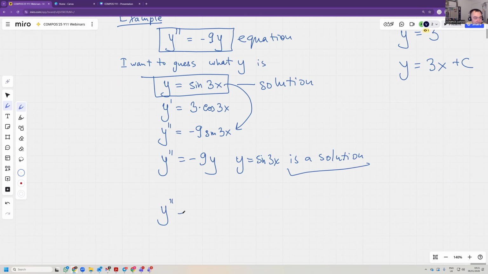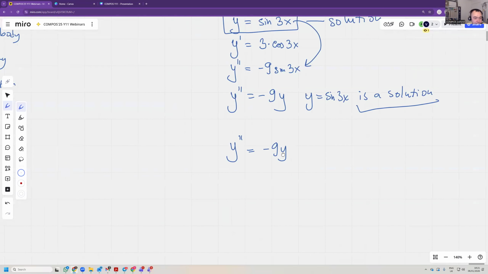Y double dash is equal to minus 9y. If you integrate that, well, not really, because when I integrate the right-hand side, I get the integral of y.